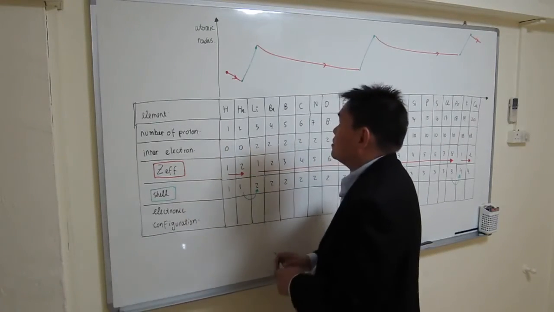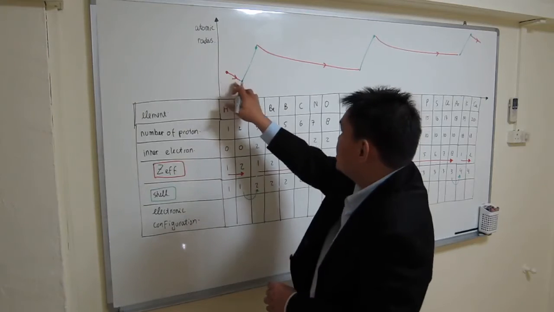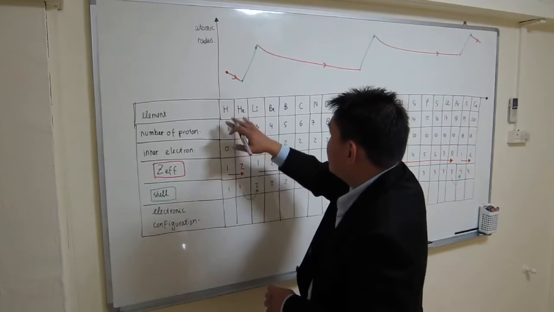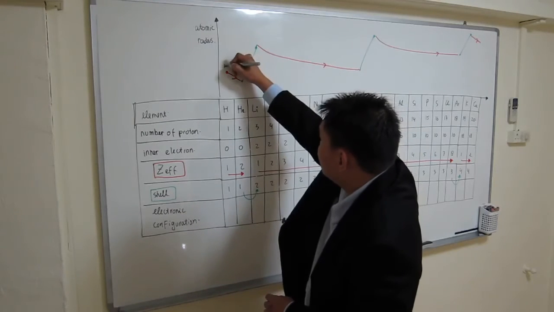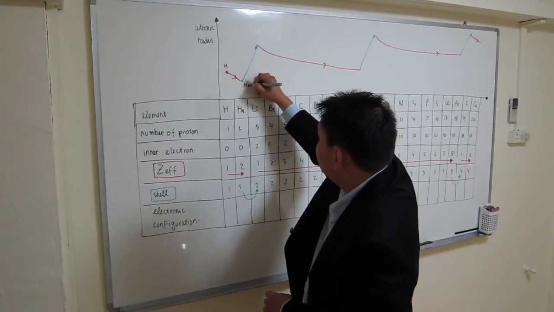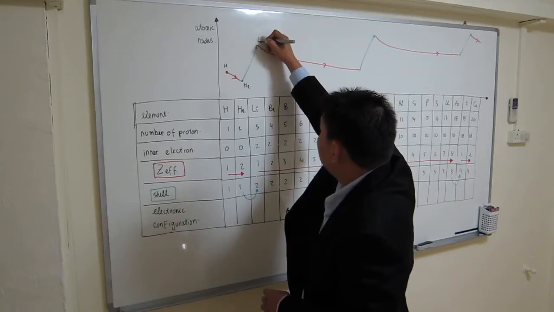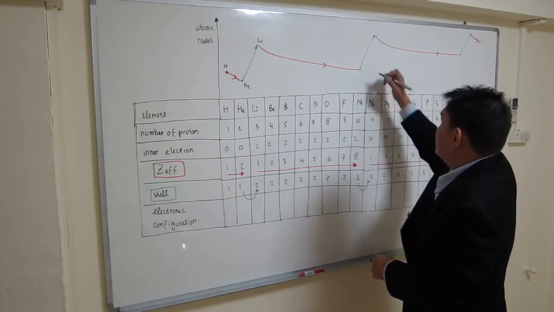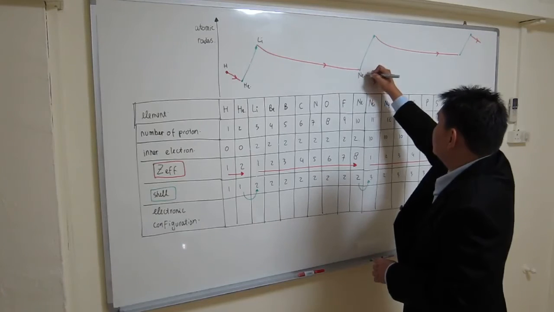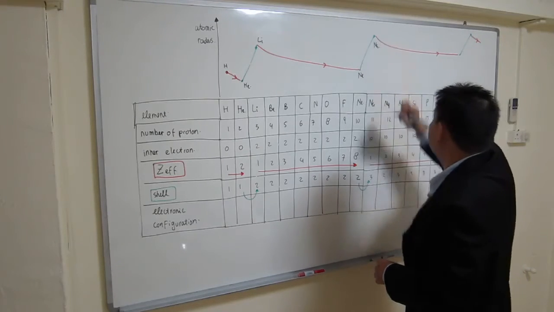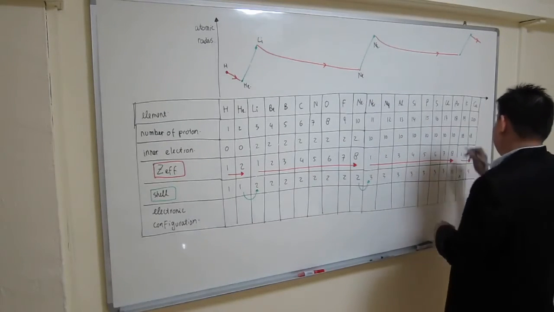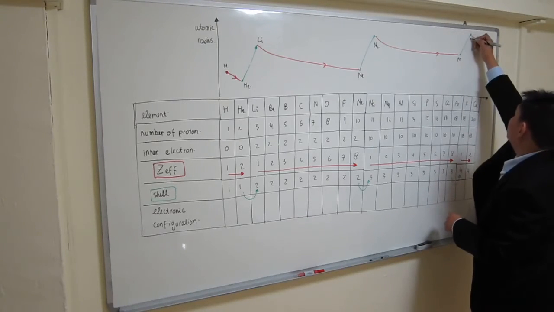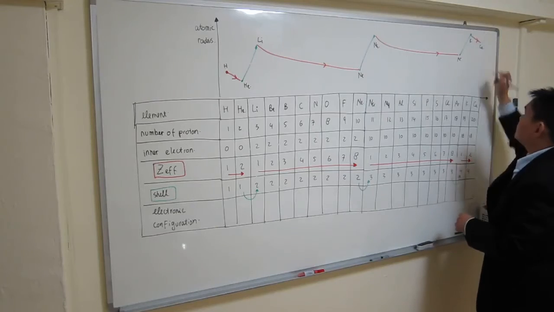So we need to write down just some key elements here, like hydrogen and helium, and lithium, neon, sodium, argon, potassium, and calcium.